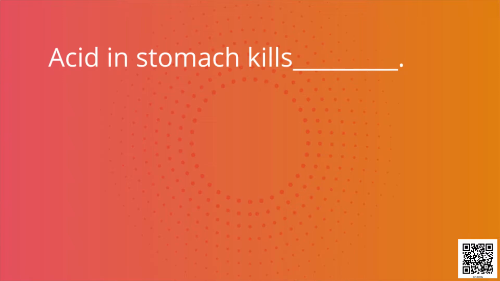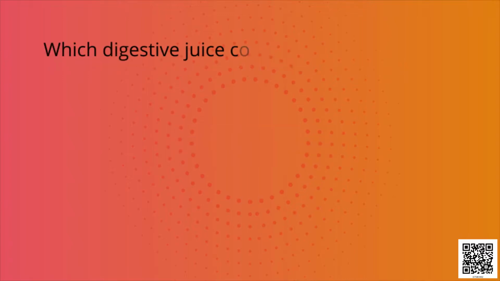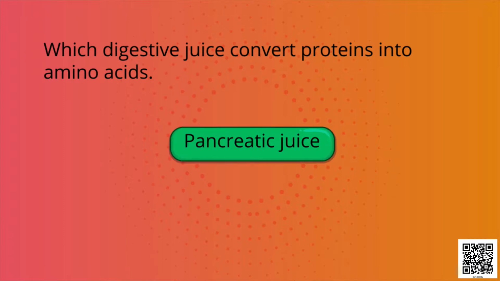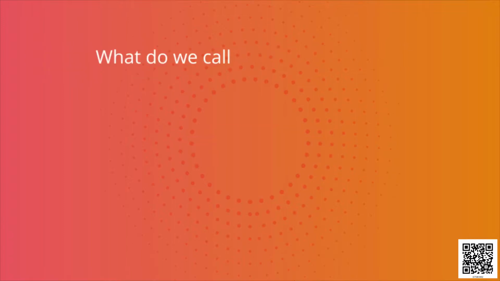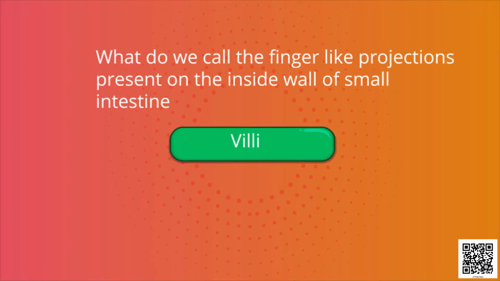So, the right answer is bacteria. Which digestive juice converts proteins into amino acids? The answer to this question is pancreatic juice. What do we call the finger-like projections present on the inside wall of the small intestine? So the answer is villi.